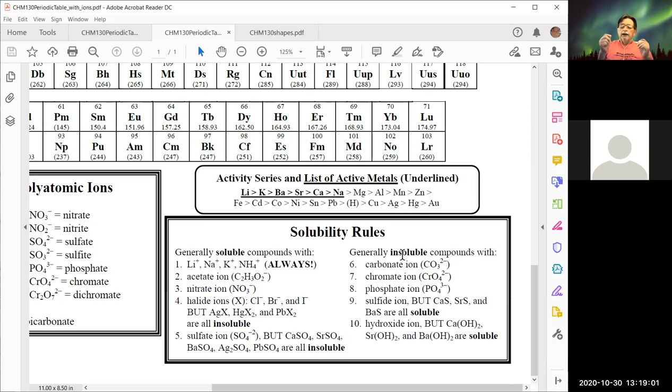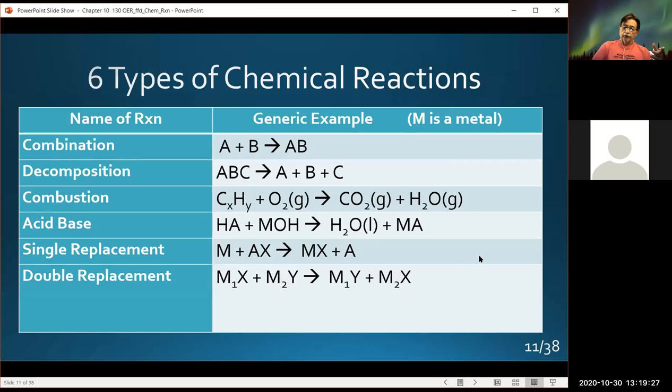Now if one of the new products is insoluble, that means a reaction proceeded, and you get a precipitate, you get a cloudy solution. Because one of the products is not very soluble in an aqueous solution, therefore reaction proceeded. If both products are soluble based on the solubility rules, then no reaction occurred.